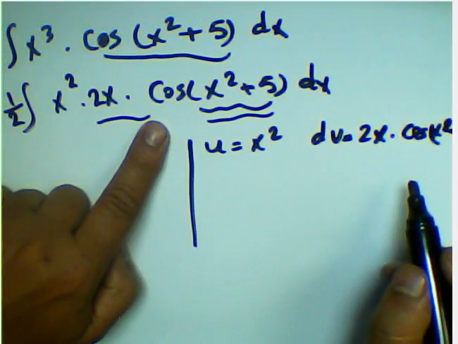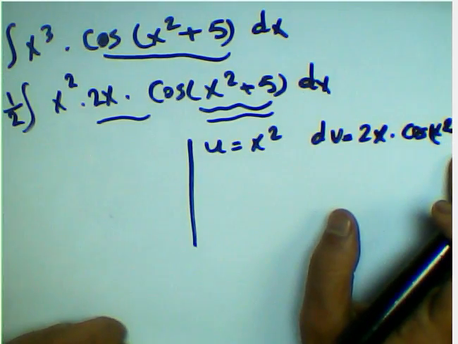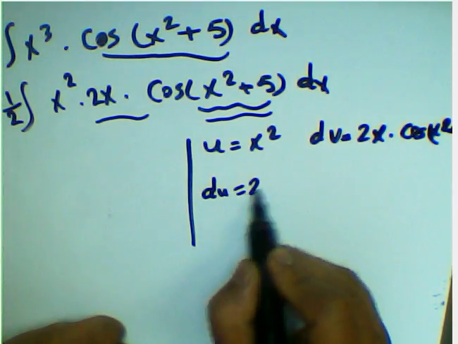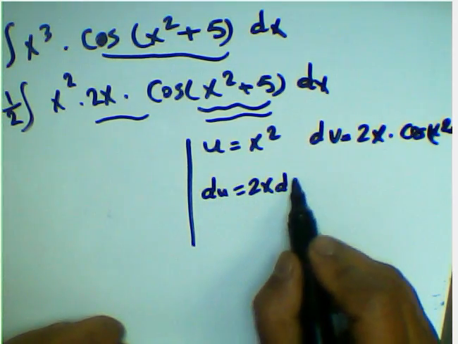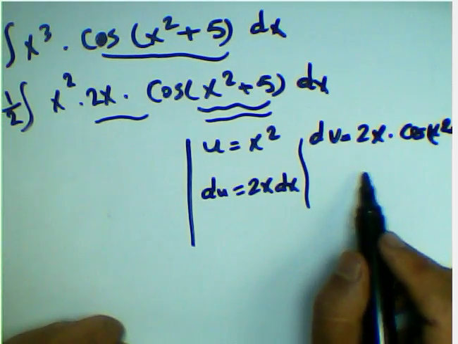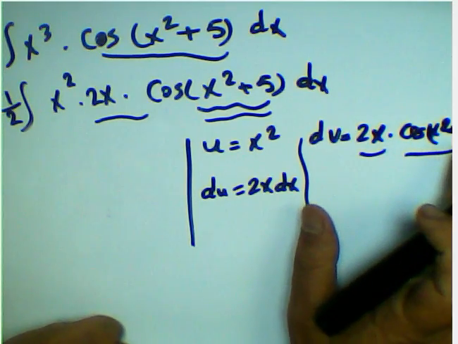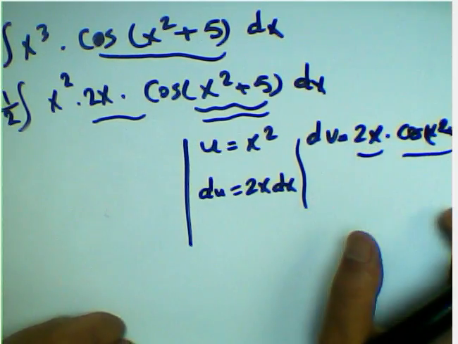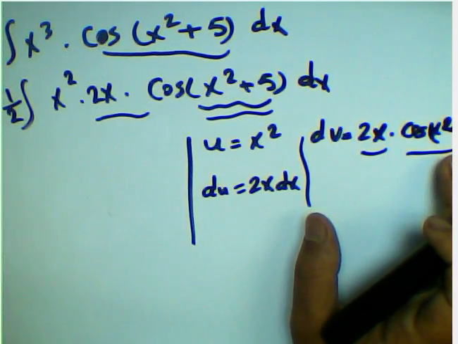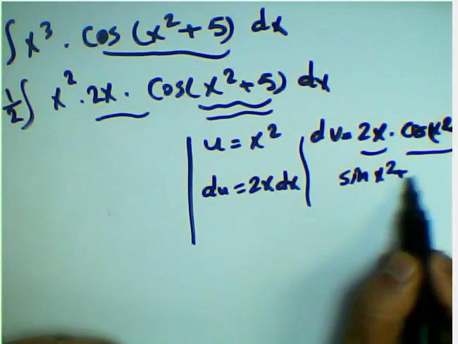Okay, cosine of x squared plus 5 dx, and then du will be 2x dx. The integration of this function: we have the function and its derivative, with x squared plus 5 outside. Then we can cancel the derivative and write the function, which gives sine of x squared plus 5.